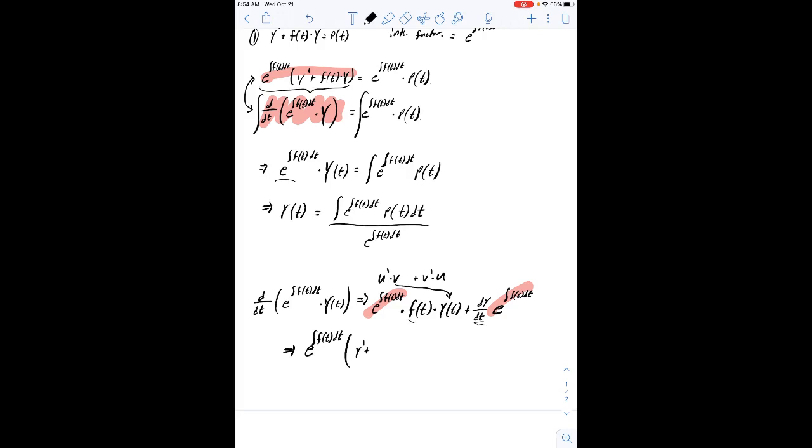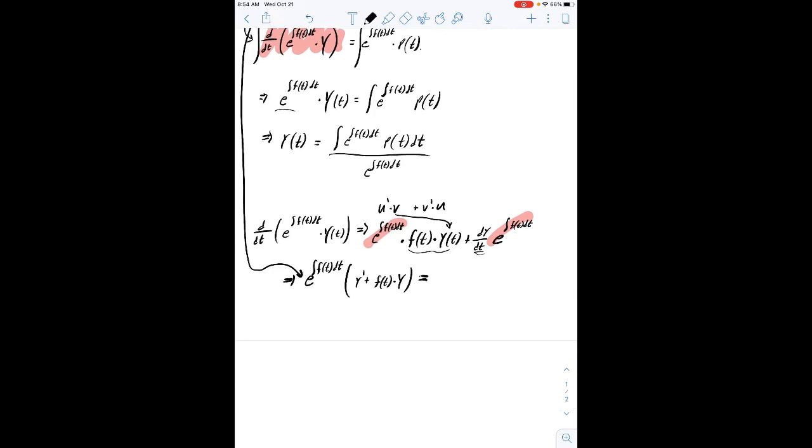And then we have plus this term right here, so that's going to be f of t times y. And as we can clearly see, that is indeed the same as we have here. So this is directly equal to this, e to the integral f of t dt times y.